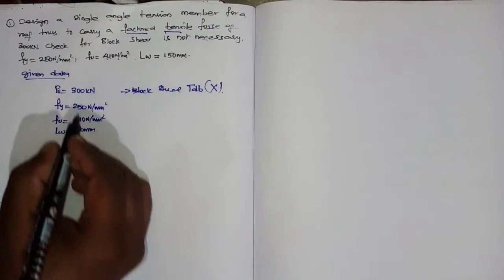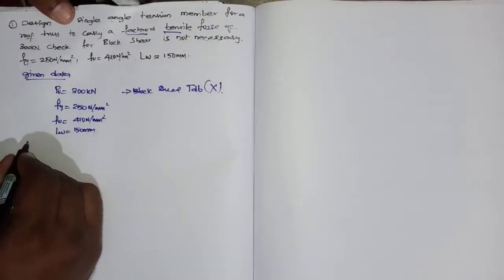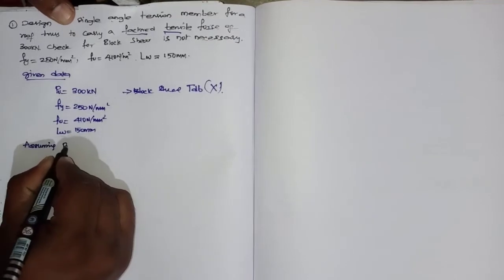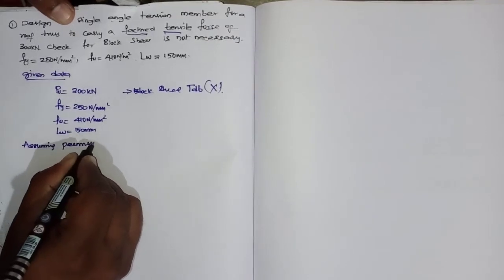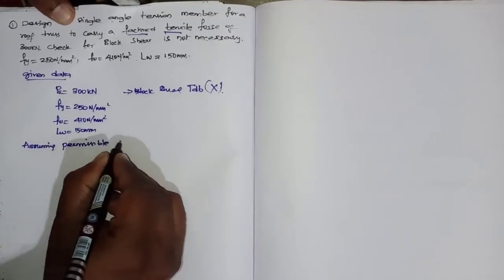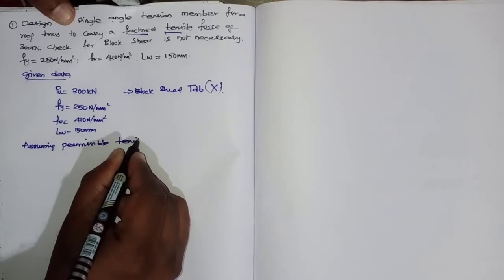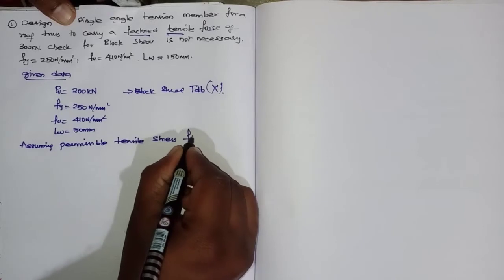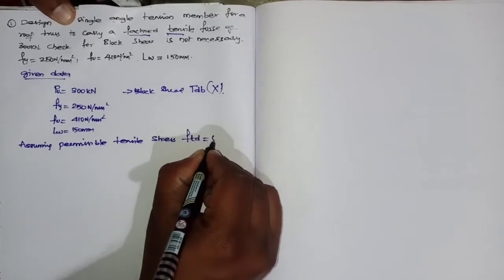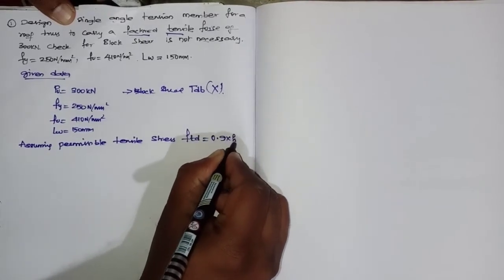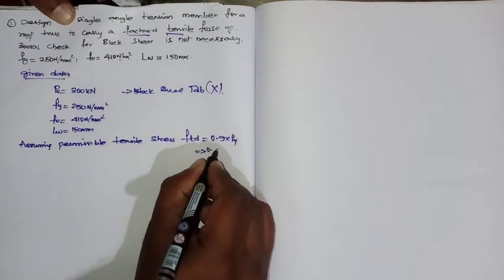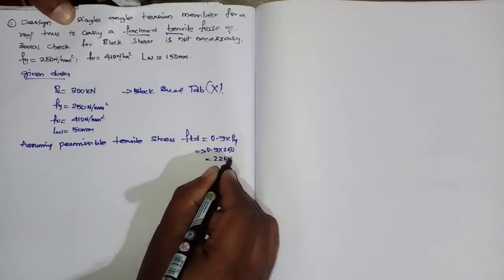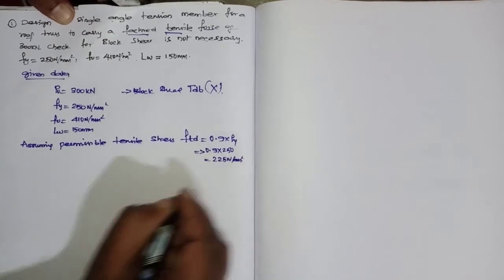So, based upon this given data, we will be assuming the permissible tensile stress. It is denoted by Ftd, which equals 0.9 times Fy. So 0.9 into 250, you will come across 225 Newton per mm square.